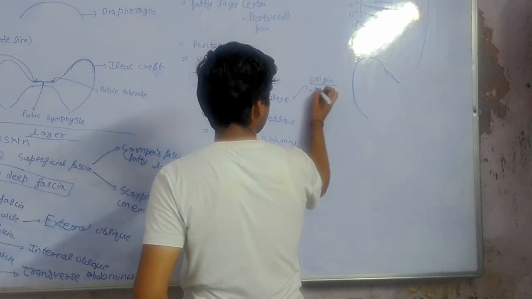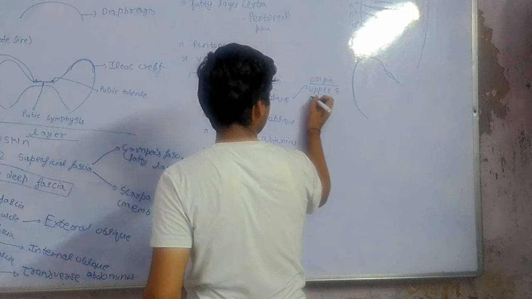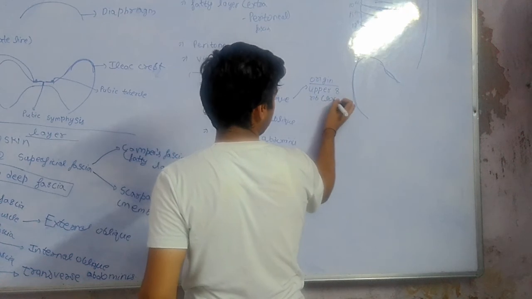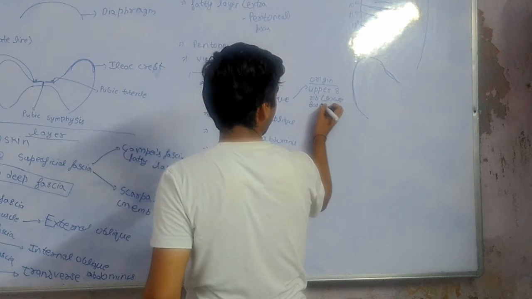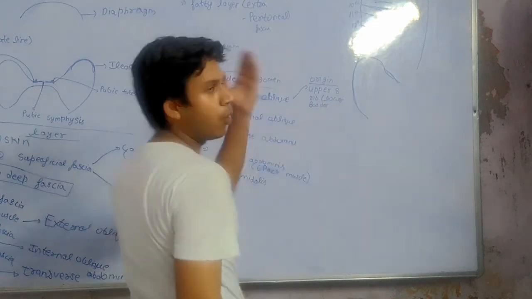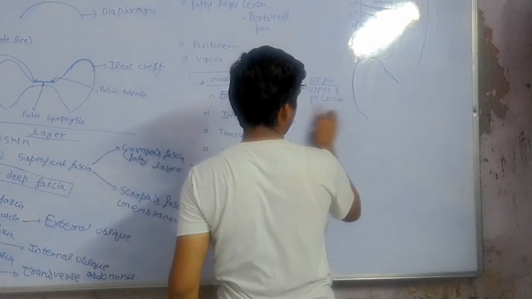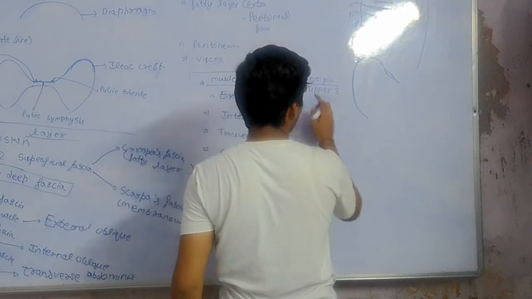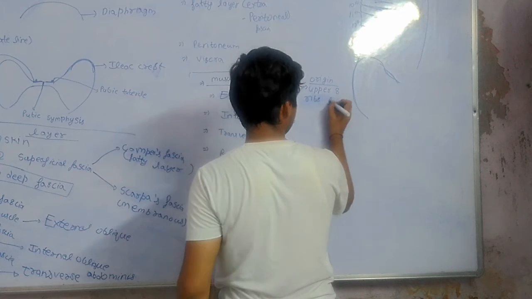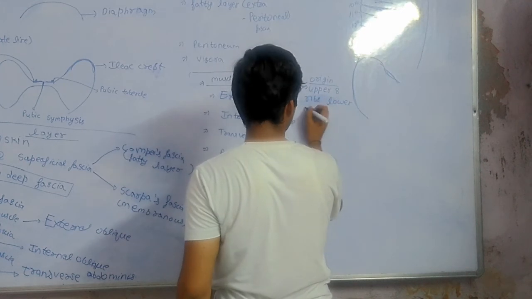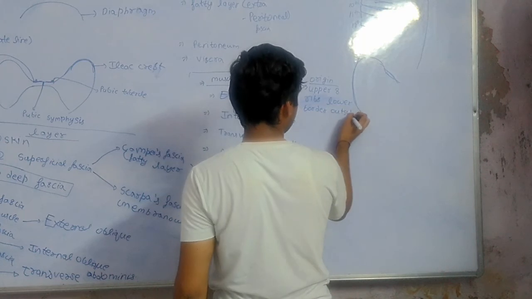Upper 8 ribs, basically lower border, and from outside surface. Upper 8 ribs, lower border, outside.